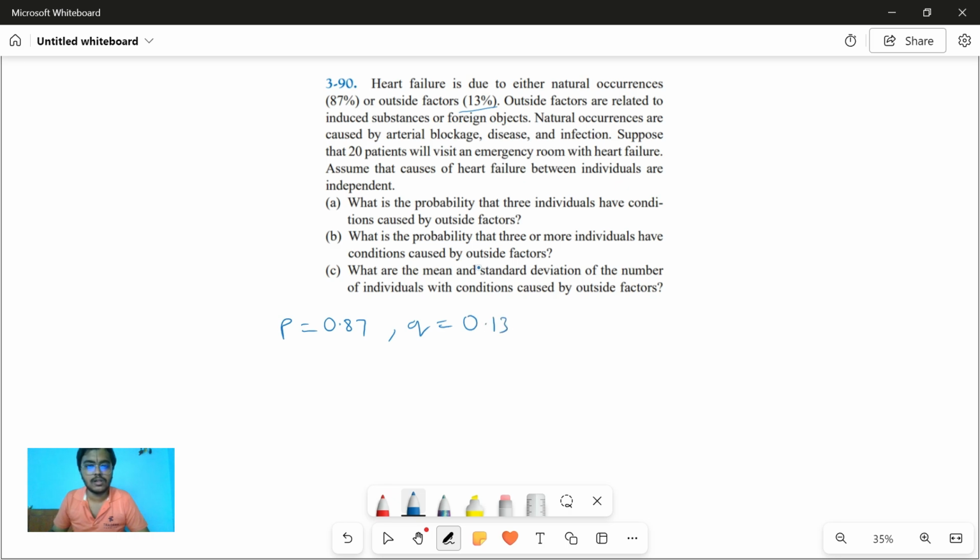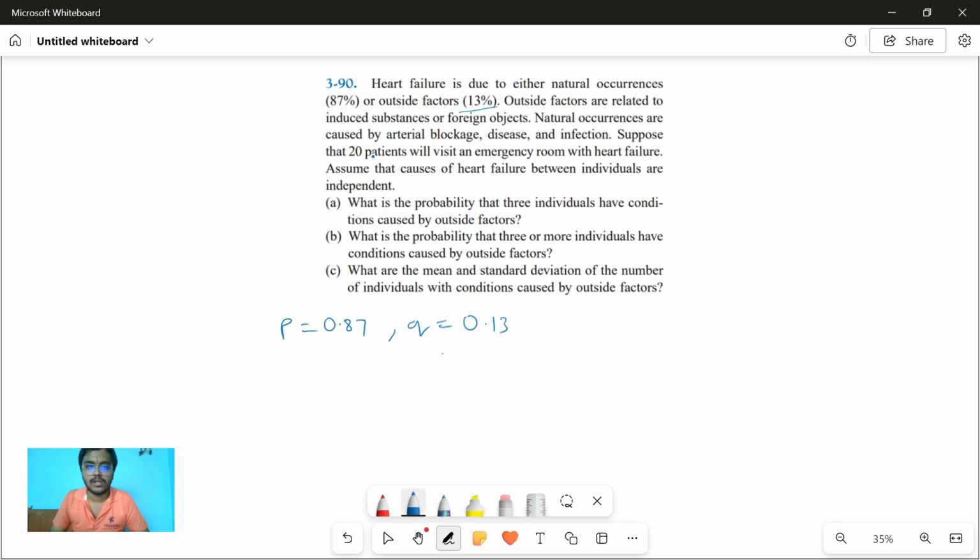If they gave this as 10% and some other factor as 3%, you cannot take the failure probability as 10%, which is 0.1. No. If the success probability is 0.87, the failure probability is everything other than 0.87, which is 0.13. Understood? In this question, they have given outside factors as 0.13, so you take q as 0.13.